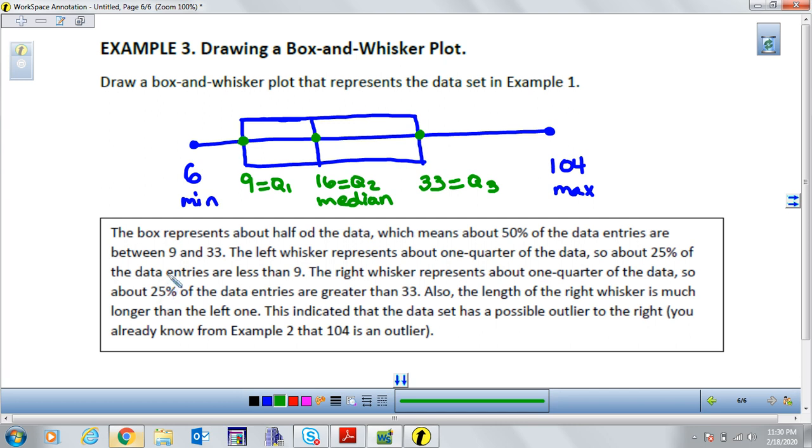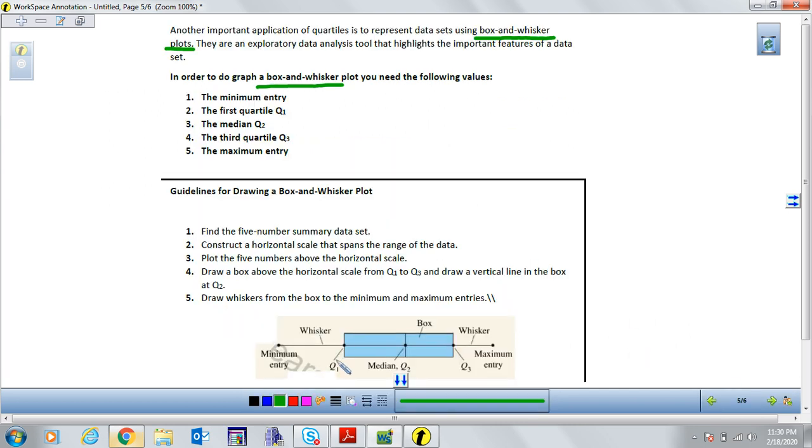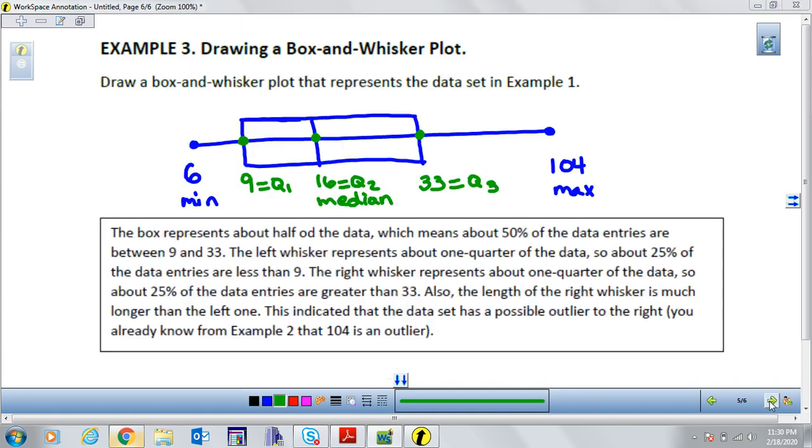And that's basically it. That's all you need. You have your Q1, your Q2, your Q3, your minimum, and your maximum. Now here is a little explanation that says the box represents about half of the data. Within the box, about half of the data is contained.